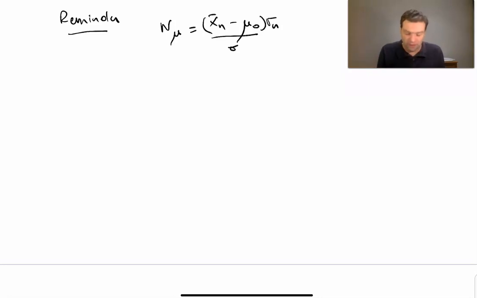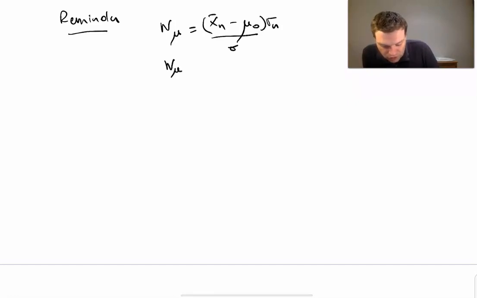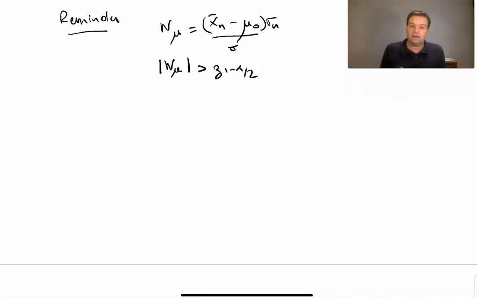in case sigma is unknown, and we could have xi which is normally distributed or not. In any case, we say that for a two-sided test, we have a rejection region which is given by the absolute value of W mu being strictly larger than z index 1 minus alpha divided by 2, the quantile of order 1 minus alpha divided by 2 for the standard normal distribution.